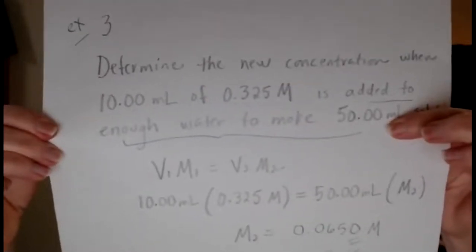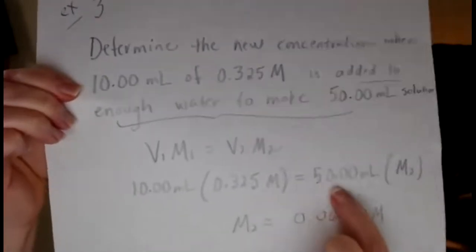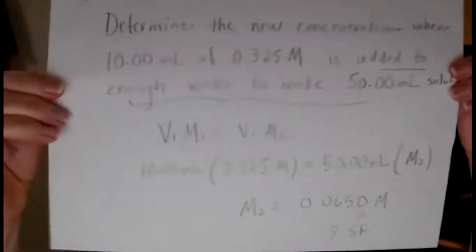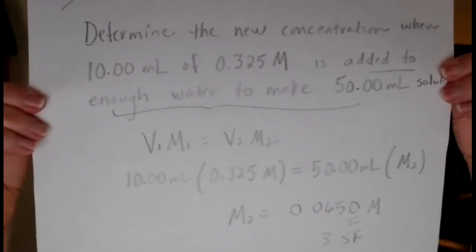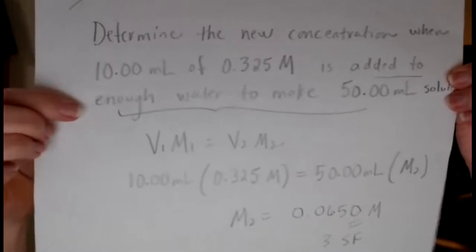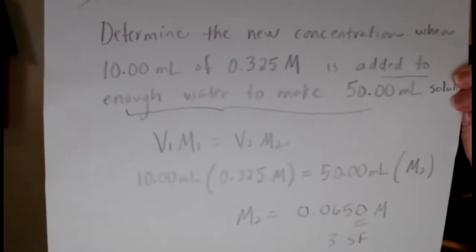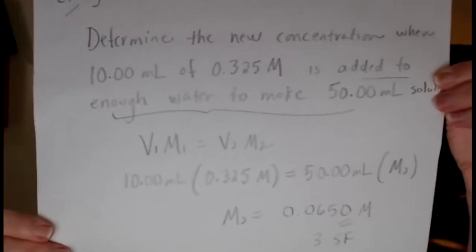So you don't add the 10 and the 50. You do not do that. The 50 is your last or final volume. So again, you plug in and you solve for your new concentration. So I just wanted to point out those two ways we can word the problem. One of them, you have to add the two volumes together, and one of them you don't.